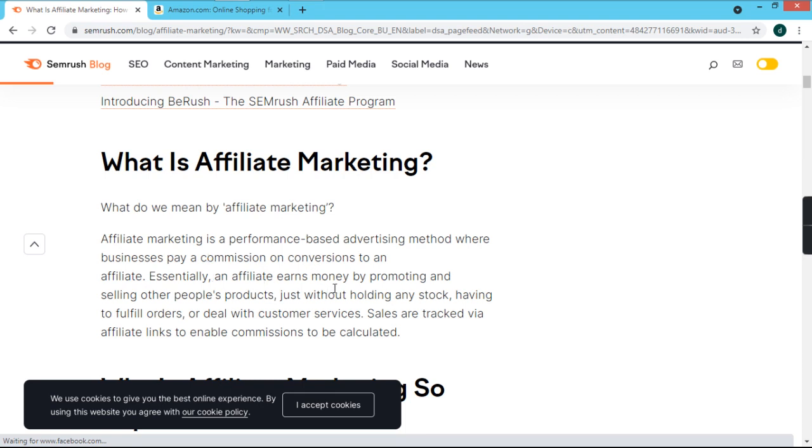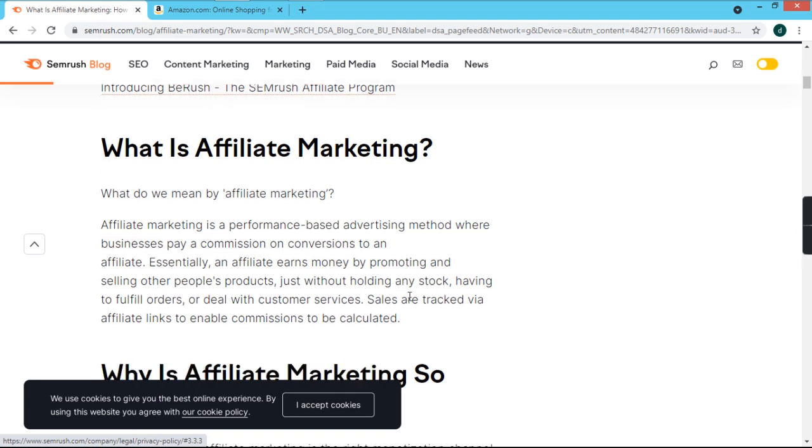Essentially, an affiliate earns money by promoting and selling other people's products, without holding any stock, having to fulfill orders or deal with customer service. Sales are tracked via affiliate links to enable commission to be calculated. Sales are tracked via affiliate links.